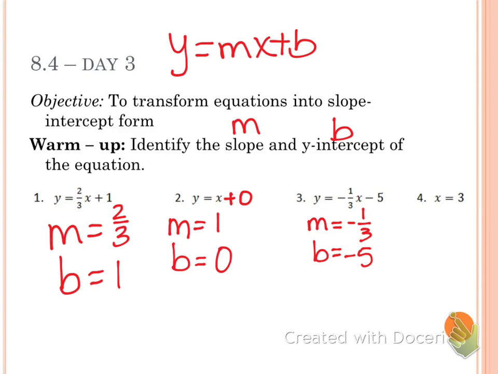All right, number 4 is a special case. We just talked about it. Who was paying attention? Only Keon was paying attention. Danielle? Our slope is undefined, and what about our y-intercept? There isn't one, none. Very good.